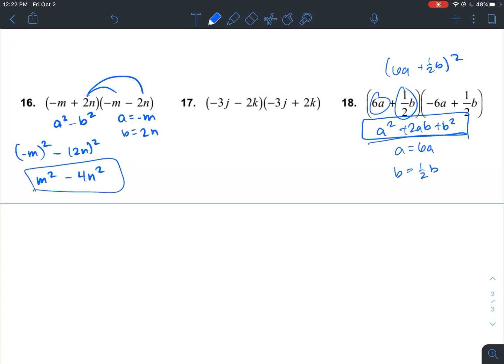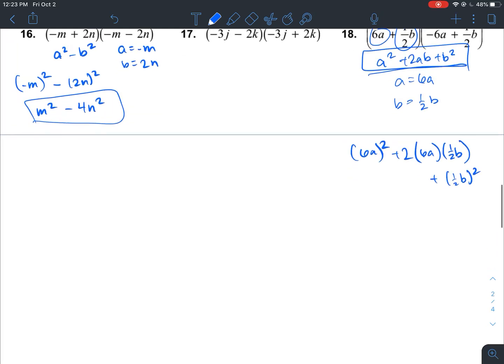Substitute. So 6a, we'll sub in for a, so it's 6a squared plus 2 times a, which is 6a, times b, which is 1 over 2b. Okay? And then plus b squared, and b was 1 over 2b squared. So let's simplify this.